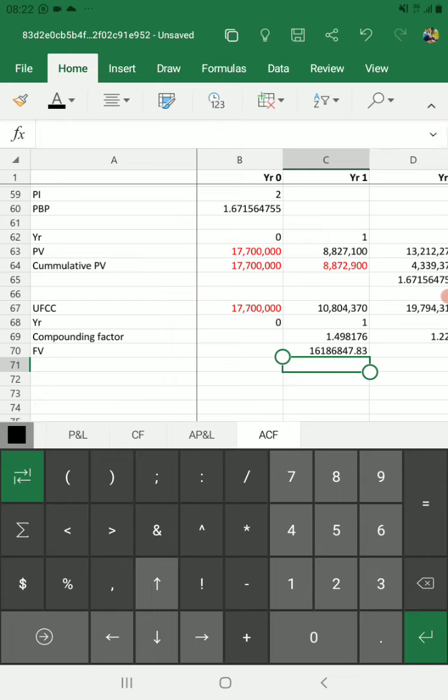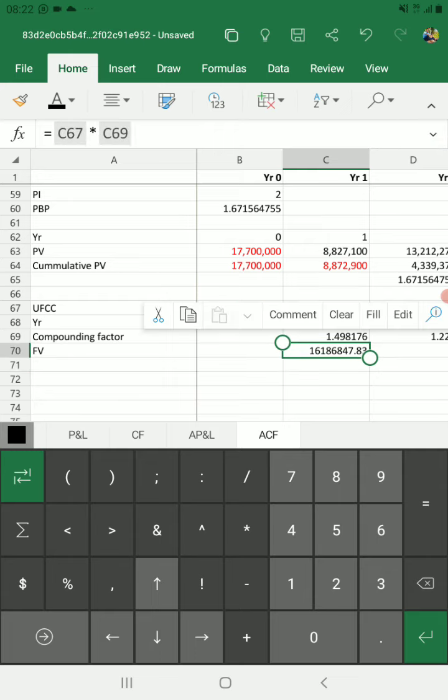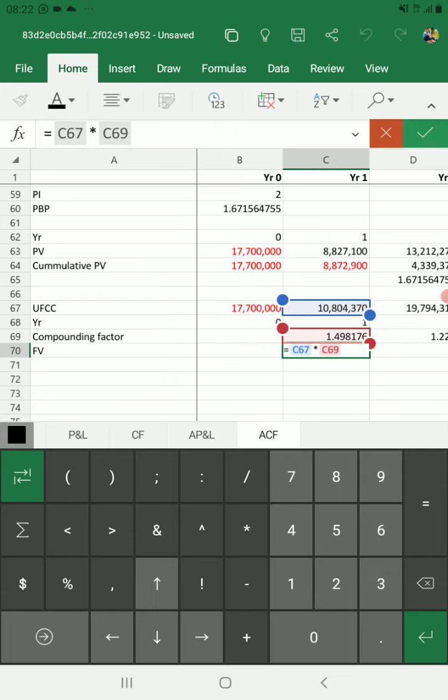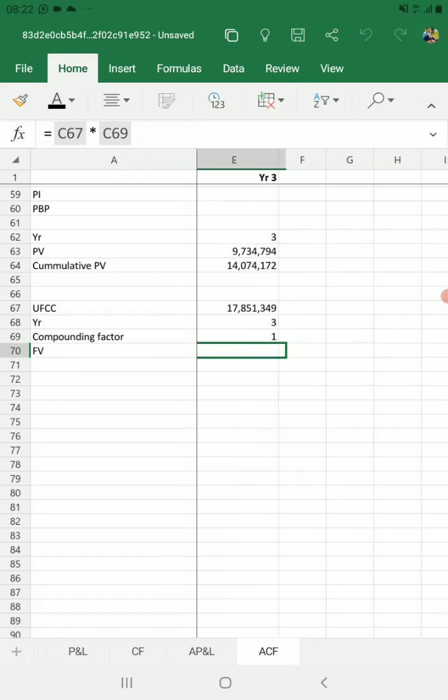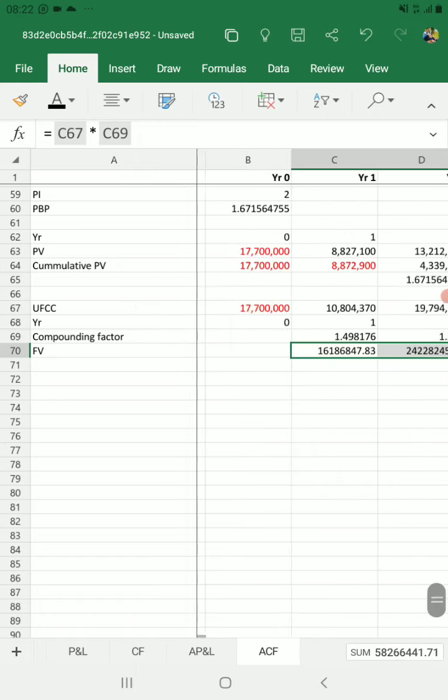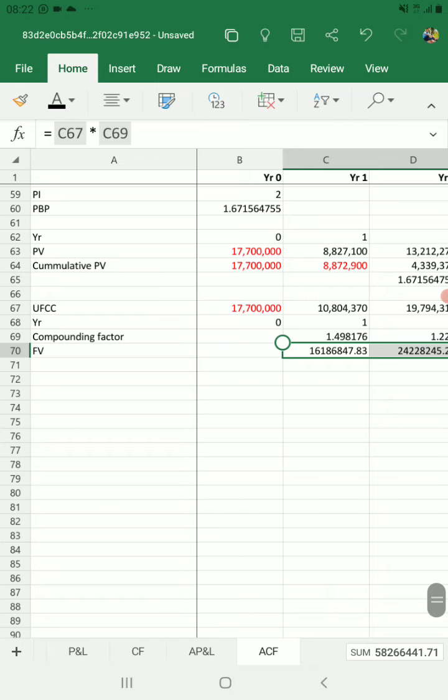Press enter, and this is true, so I tap to fill this to the rest of our projected period to establish future values.